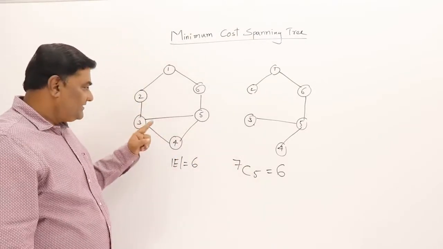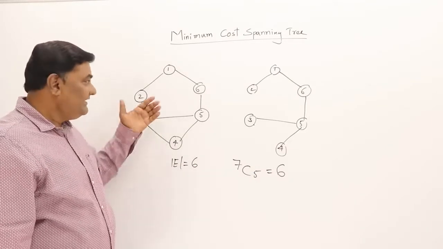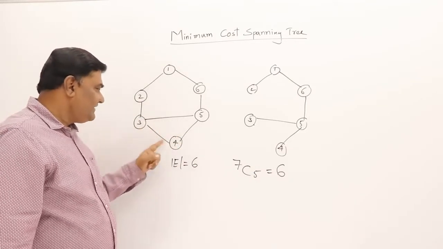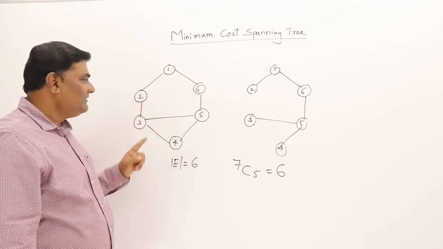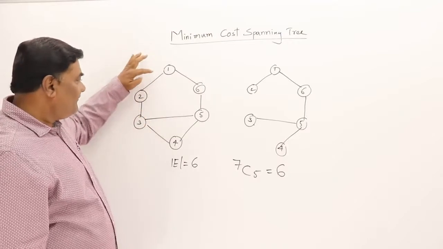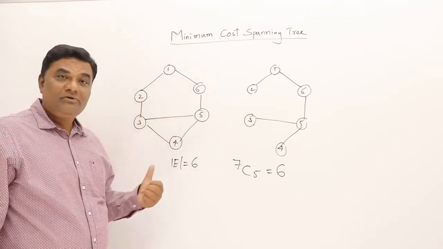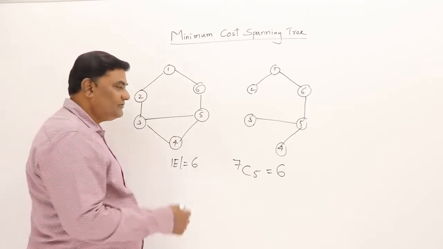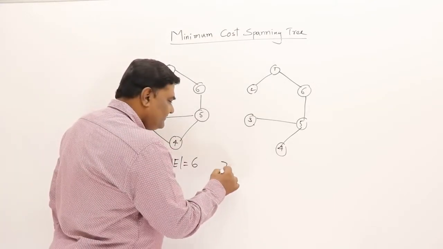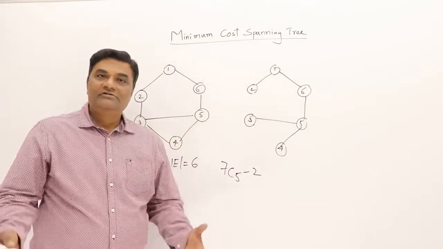7C5. But this edge will form a cycle. So how many cycles is it forming? This is one cycle and this is another cycle. So this edge is forming 2 cycles of number of vertices less than 6. So then it will be 7C5 minus 2. So that's it.